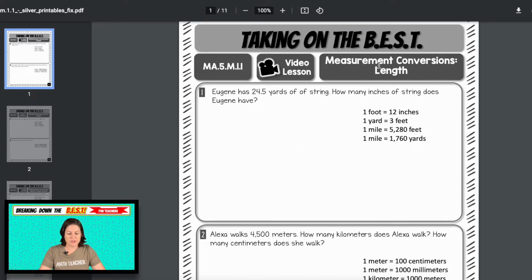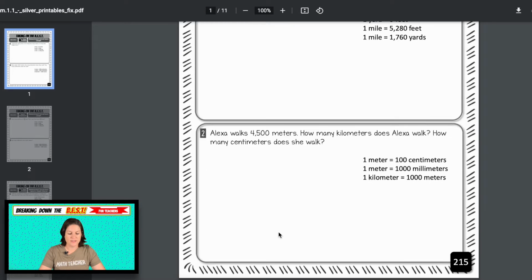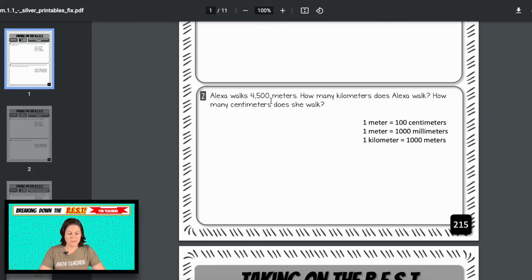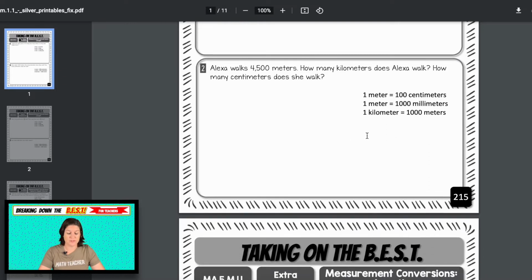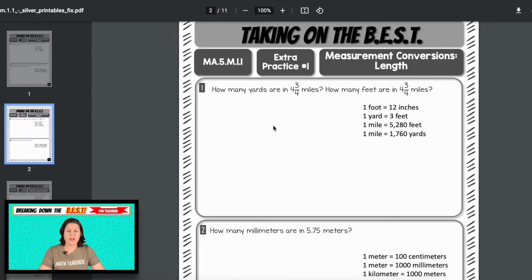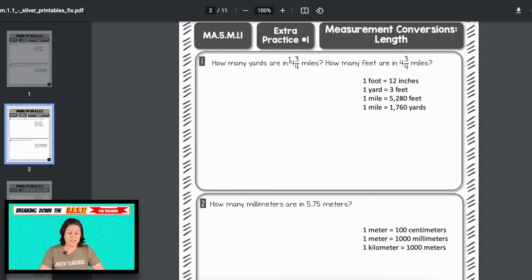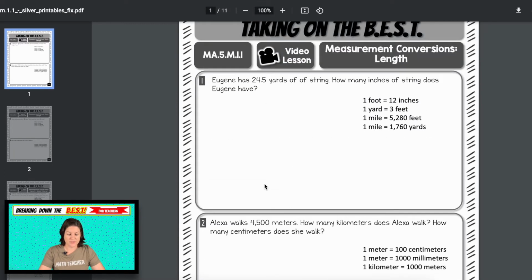So you can see here with measurement conversions with length, we have a customary unit going from yards into inches, and then a metric one, meters into kilometers, and also into centimeters. So in the videos, we model how to convert those measurements for sure. After that, students have their notes, and then they can practice on their own too. So you're seeing the fractions, you're seeing the decimals. Okay, we got decimals in there too.